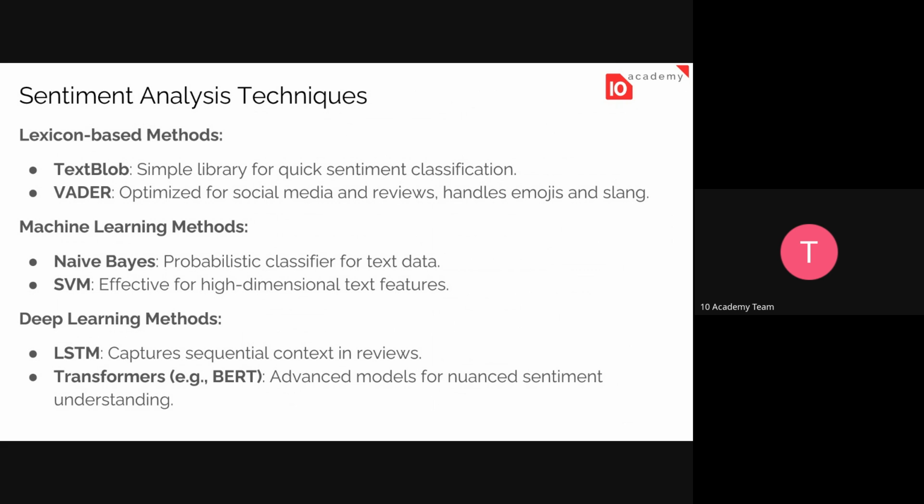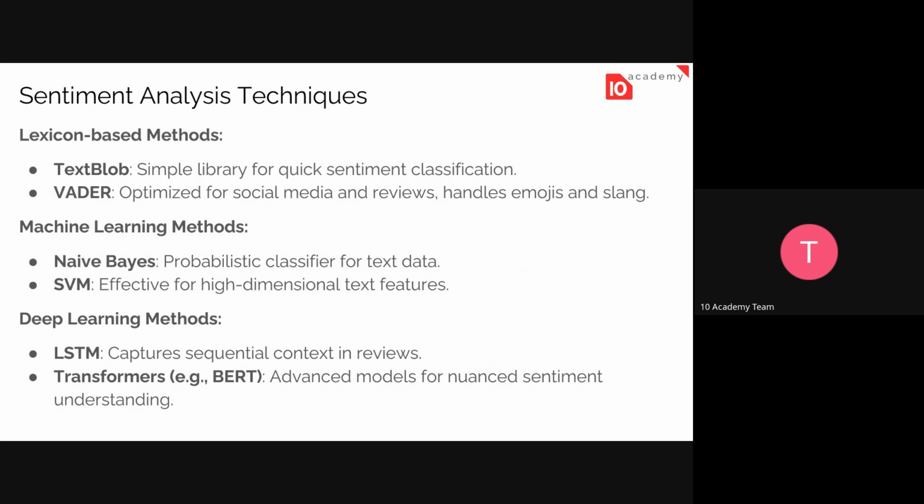The first group is the lexicon-based methods. TextBlob is the simplest, and it gives you a quick polarity score without much setup. VADER is a bit more advanced because it's designed specifically for social media, so it understands things like emojis, slang, even all caps and exclamation marks, and so on.